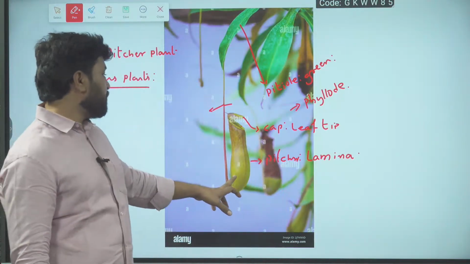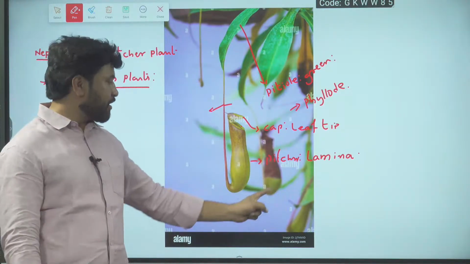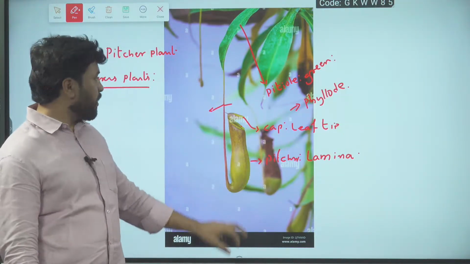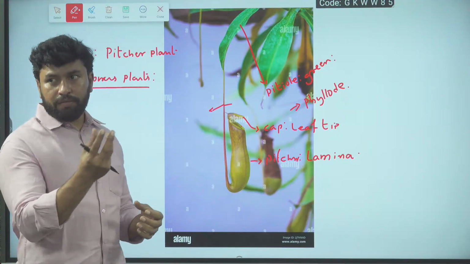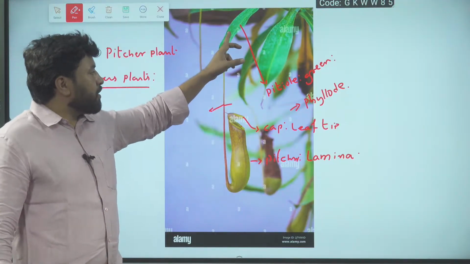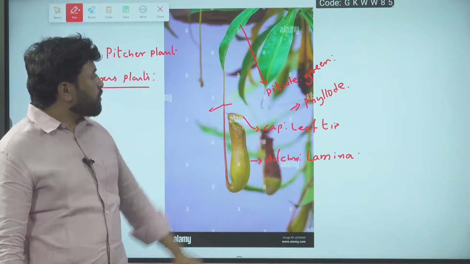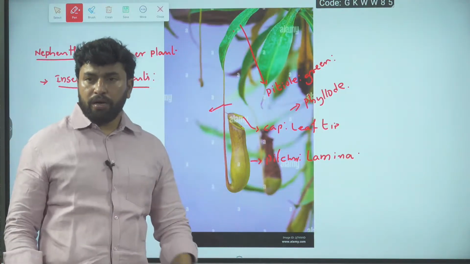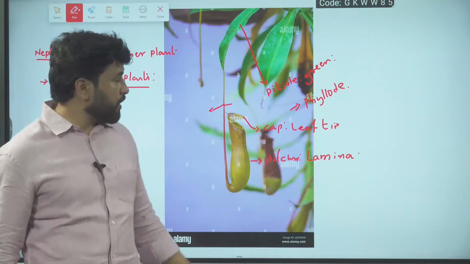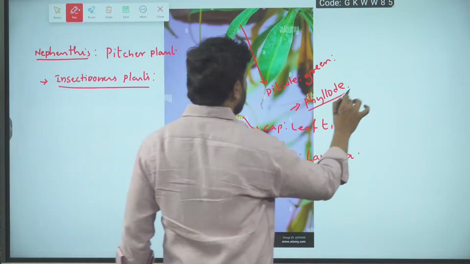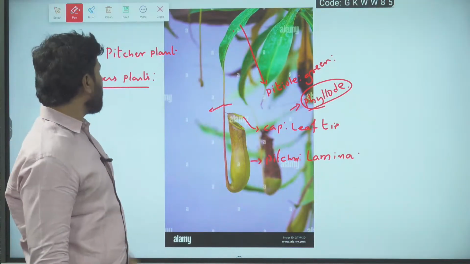The main one is the pitcher. The pitcher of the pitcher plant is nothing but leaf lamina, and it also has a tendril, which is the lower part of the leaf lamina, and the petiole of the plant, I mean the leaf petiole, is converted into phyllode to perform photosynthesis. These are the parts in the case of Nepenthes.